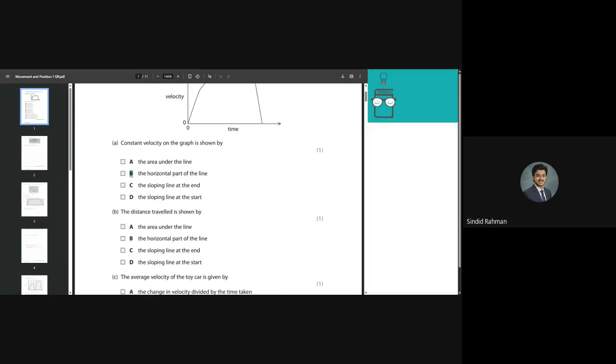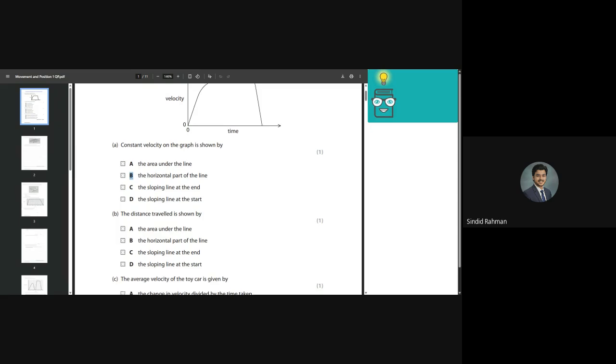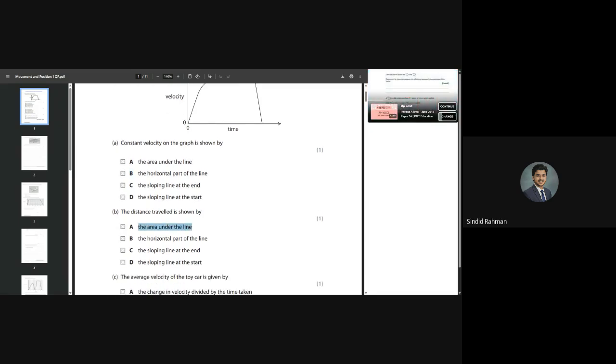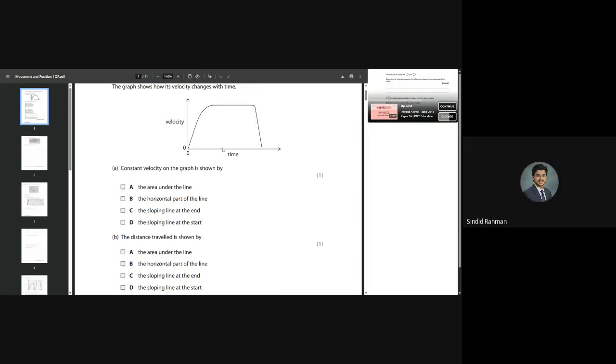Then the distance traveled is shown by the area under the line of a velocity time graph.